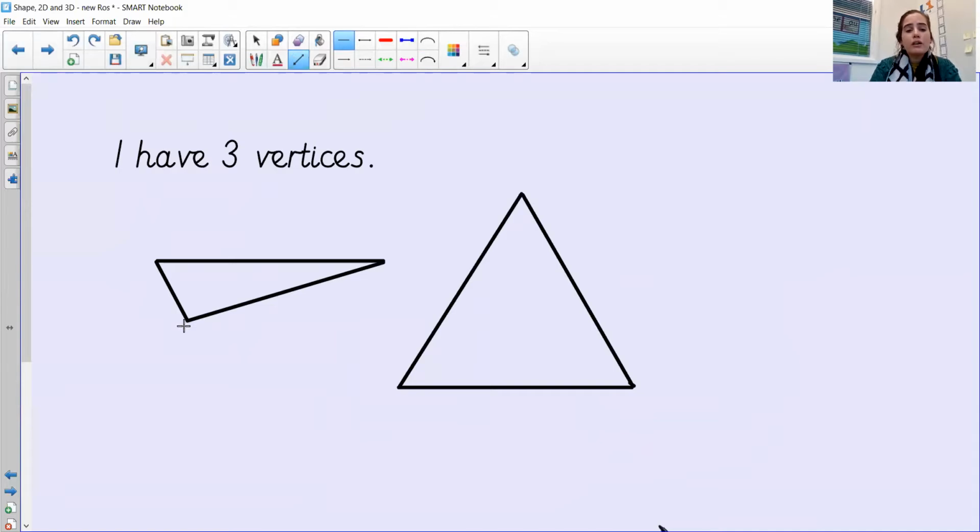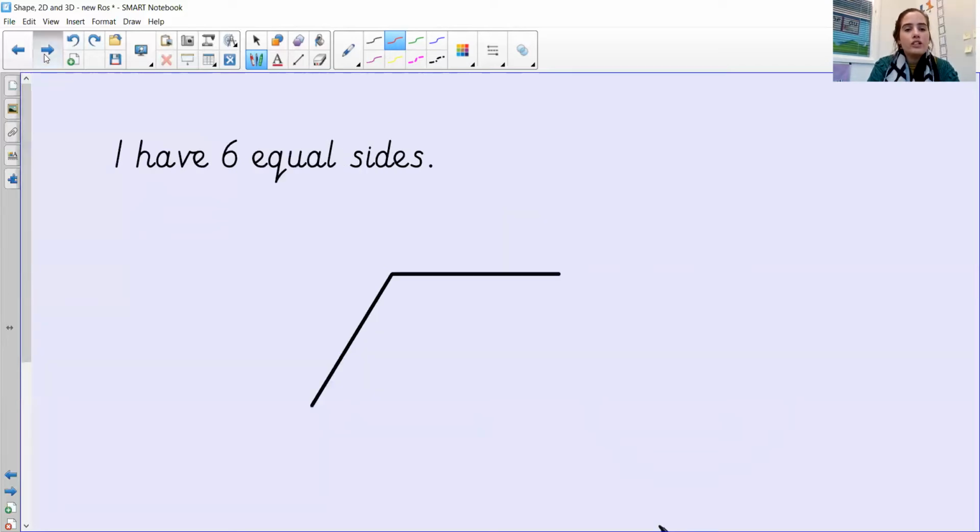That is still a triangle because it's still got 3 vertices and 3 sides, but they aren't equal. But this shape has 6 equal sides. 6 equal sides. So let's not do it that way.